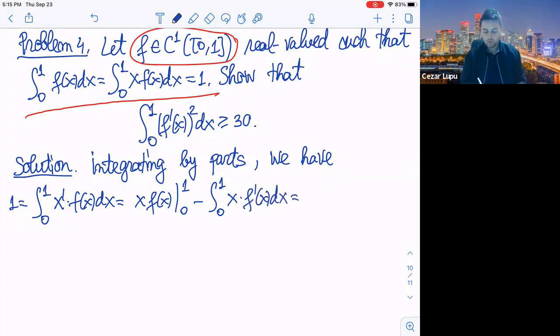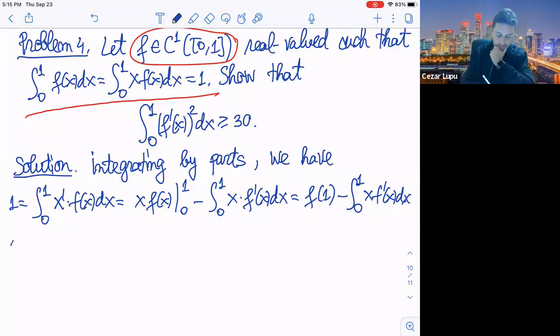And this guy is f of 1 minus the integral from 0 to 1 of x f prime of x dx, right? All right.